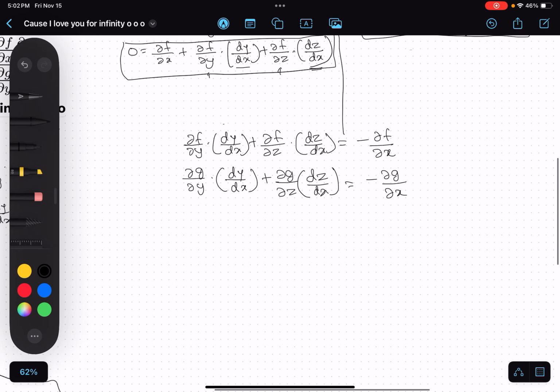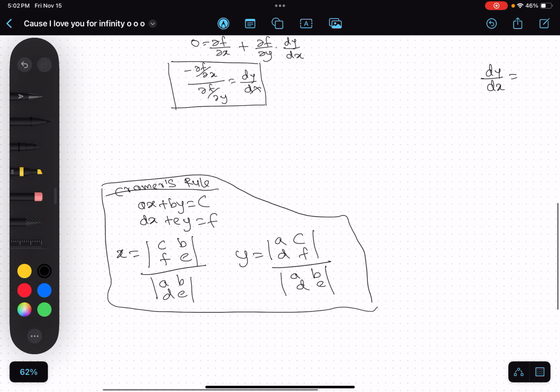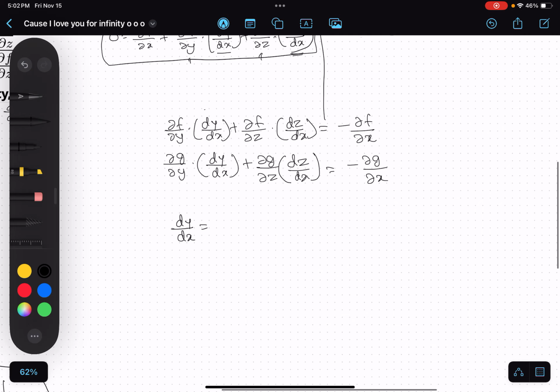Now let's try to solve it. If you want to solve for dy by dx, what we will do is, guys, this is a determinant, if you don't know it. Over here you must substitute the coefficients of dy by dx by these things, so we will have minus partial f by partial x, minus partial z by partial x. These are substituted, and the other things will be as they are, so partial f by partial z, partial z by partial z.